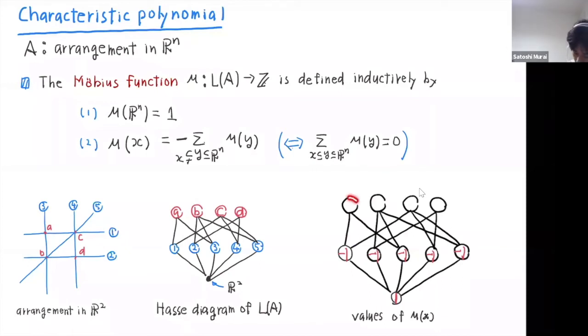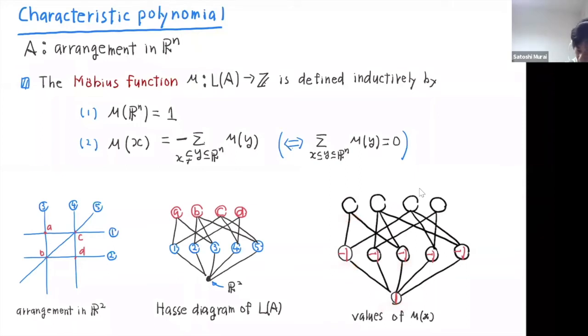For example, if we consider this element, then this definition says that the sum of the Möbius function of these 4 elements must be equal to 0.